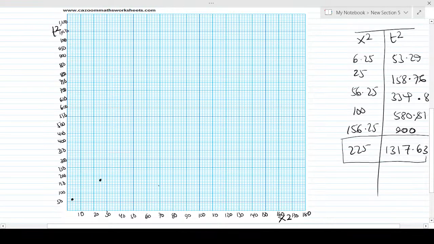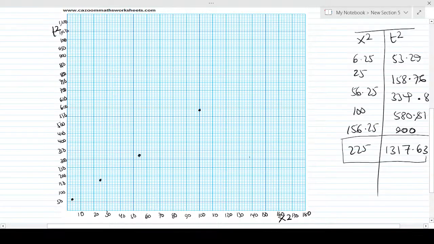Then we have 56, so around here. 56 going to 334, so 334 is close to somewhere here. Then 100 going for 580, so 580 around here.